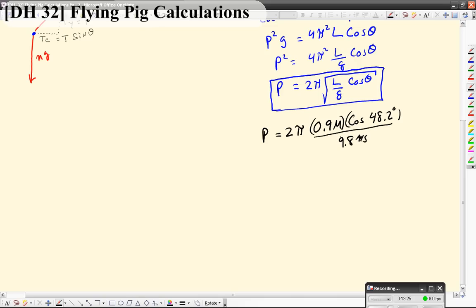So if we had this flying pig on a different planet, it would have a different period. But it's on Earth, so we can all make the same calculation. And when I plug in the numbers for that, the number I get is 1.55 seconds. So the theoretical period of the flying pig is just over 1.5 seconds.